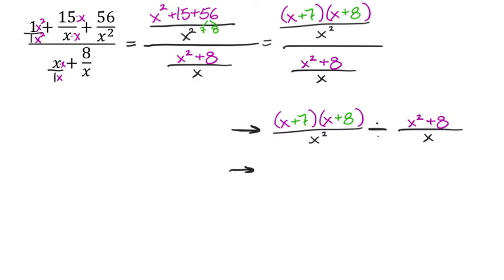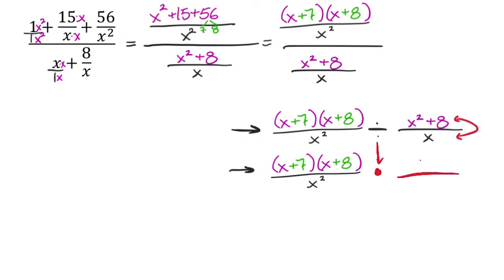So the first fraction will stay the same, but this allows me to change the divide sign into multiplication, and then I've got to flip this fraction. So now it's x over x squared plus 8.